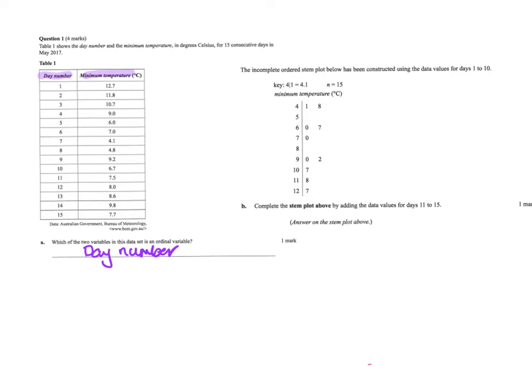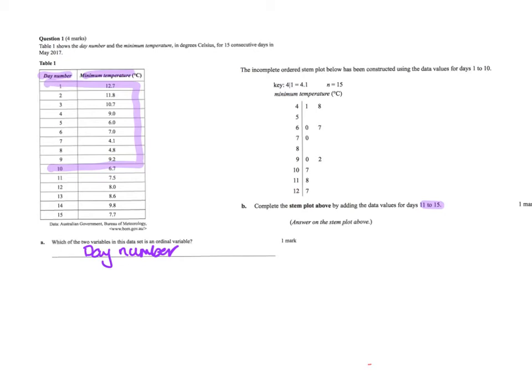Yep, good. The incomplete stem and leaf plot has been constructed using the data values for days 1 to 10. So remember, you're only using these values. Complete the stem and leaf plot by adding the values for days 11 to 15. All right, so we need to go add these in.